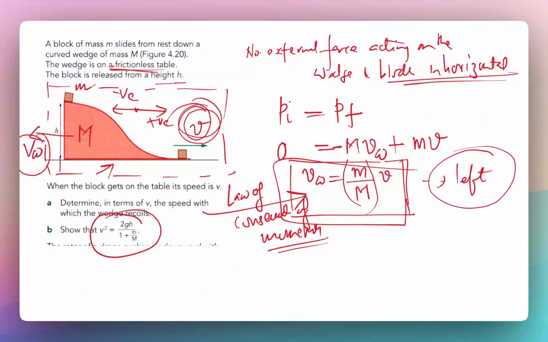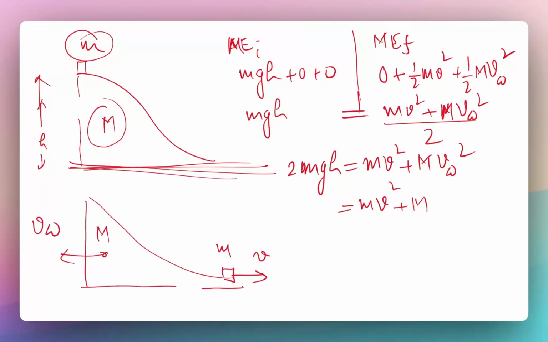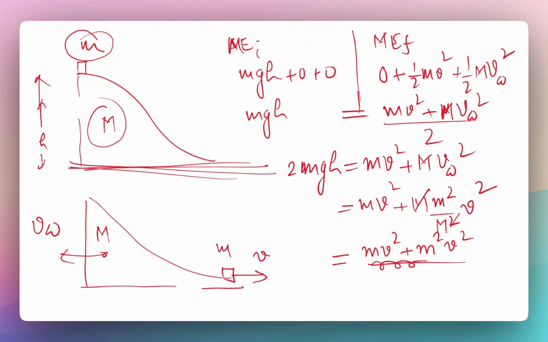We have just computed small m by capital M, so it's going to be small m square by capital M square into v square. This and this will cancel, and now we have m v square plus m square v square divided by capital M.